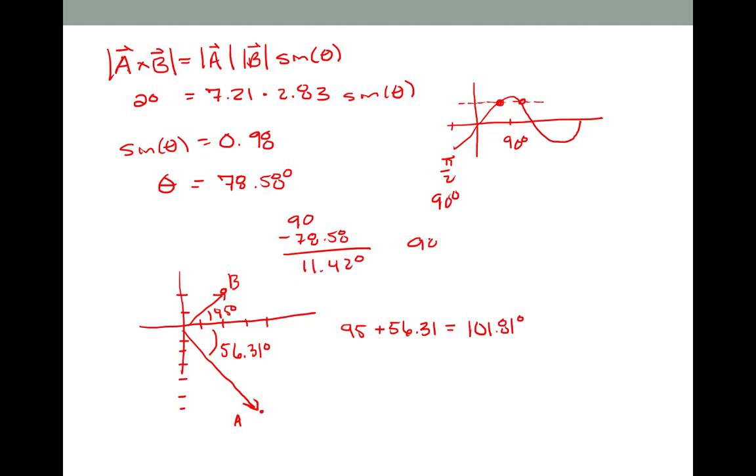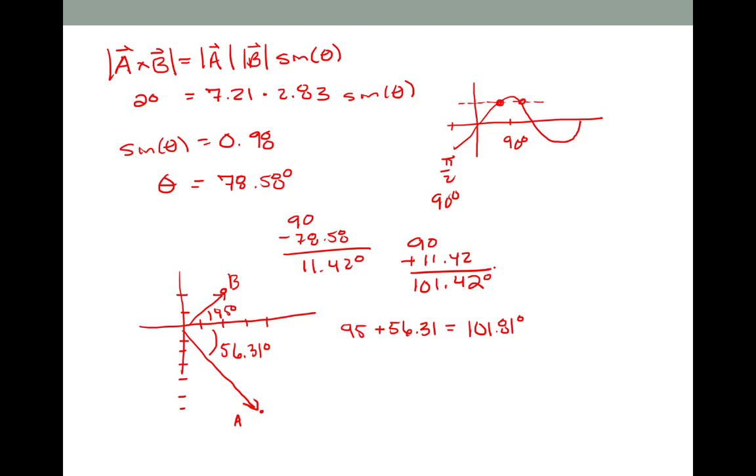And then you need to take 90 plus 11.42, and that works out to be 101.42, which isn't perfectly the same as the other angle we got. However, it is close enough, and we do have round-off error going, so consider it the same is what I'm trying to say. Drawing a picture helps immensely to determine whether or not you have the correct angle.